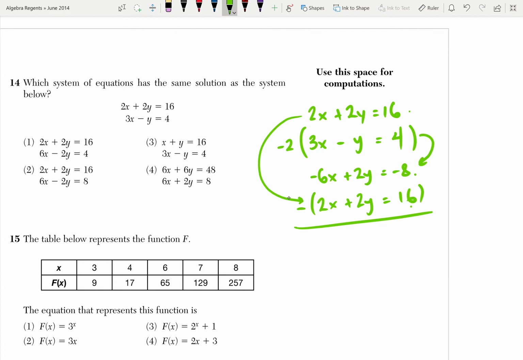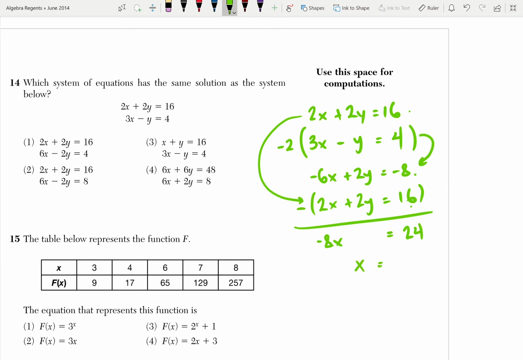That leaves us with -6x minus 2x, which would be -8x. 2y minus 2y just leaves us with 0, so we won't write anything there. And then -8 minus 16 will leave us with -24. Then we just divide by -8, and that should give us what x is equal to.